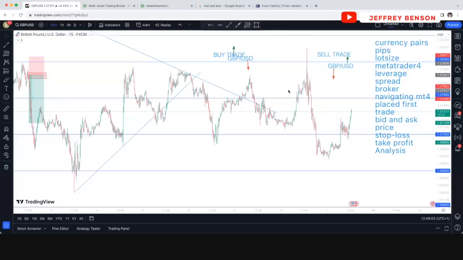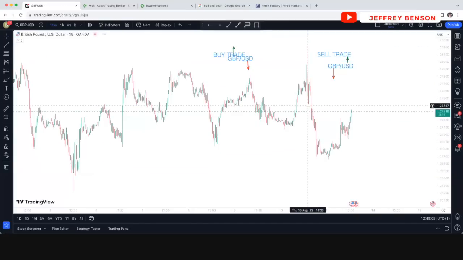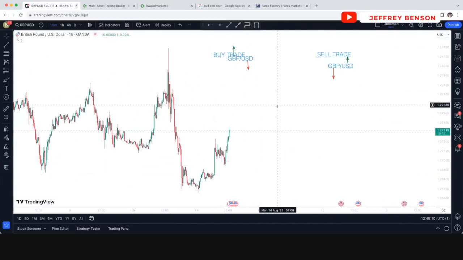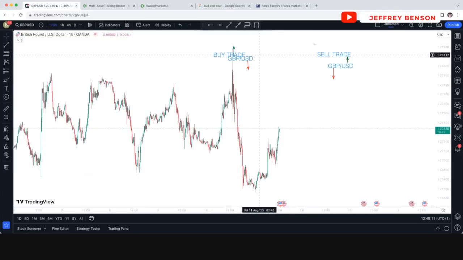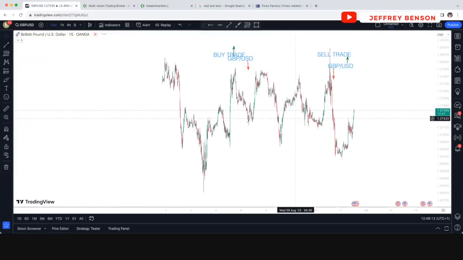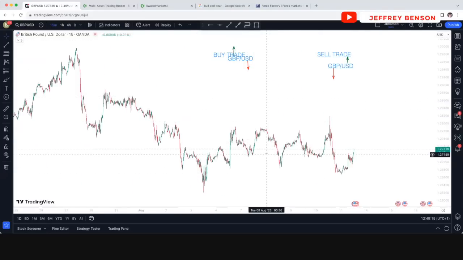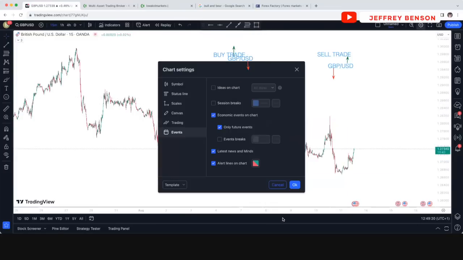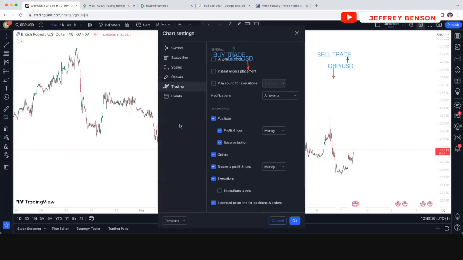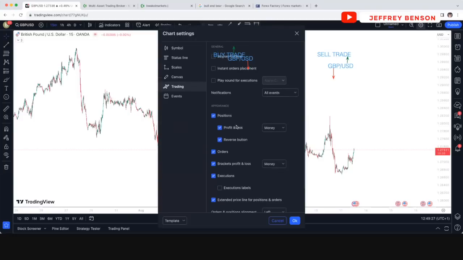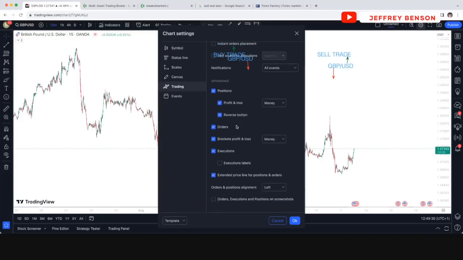So here now, don't worry, they are still candlesticks. This is a plain chart, and this is how your chart is going to look on TradingView. If you want to do TradingView settings, you click here, come to settings. You can take a screenshot of this. This is what I have on my trading, on my canvas.